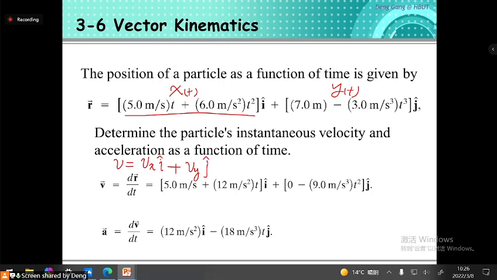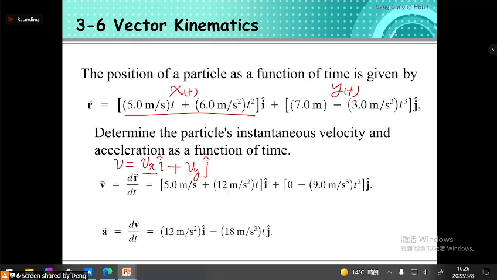Here i and j are the unit vectors, and i hat means the unit vector in the x direction, which means its length is 1 and the direction is in the x direction.